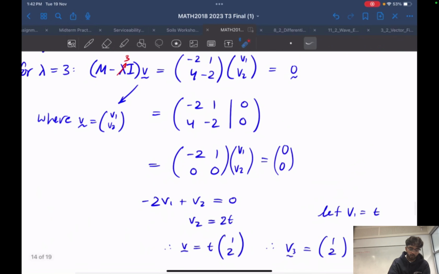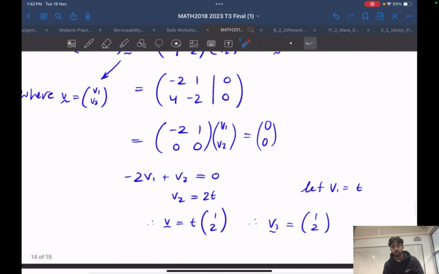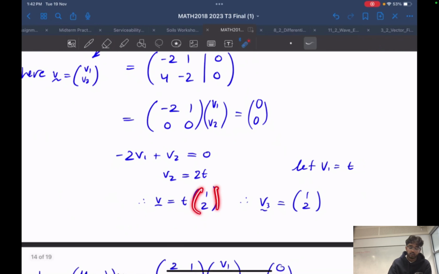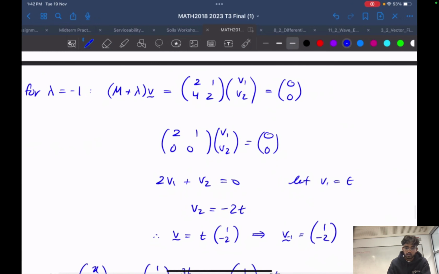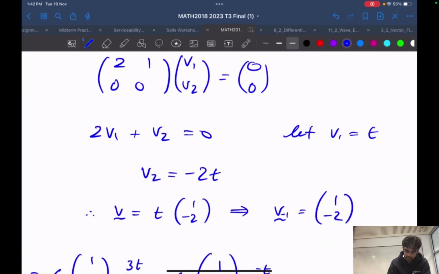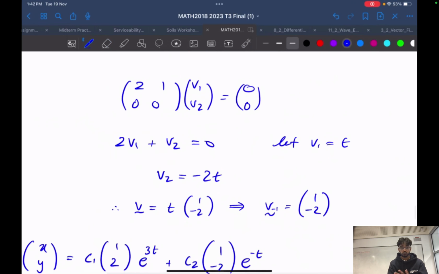So what we're doing all the way from down here to here is we're solving for the vector v, but our eigenvector is just the direction that v is pointing. And because t is just a constant, the direction that it's facing is 1, 2. Similarly over here for minus 1, you end up getting your eigenvector for minus 1, so I've just put a subscript of minus 1 to show that the eigenvector for minus 1 is equal to 1, minus 2. Right?